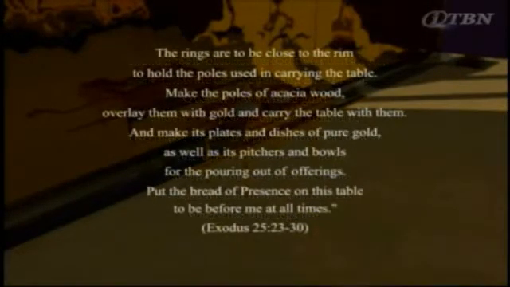The rings are to be close to the rim to hold the poles used in carrying the table. Make the poles of acacia wood, overlay them with gold, and carry the table with them. And make its plates and dishes of pure gold, as well as its pitchers and bowls for the pouring out of offerings. Put the bread of presence on this table to be before me at all times.